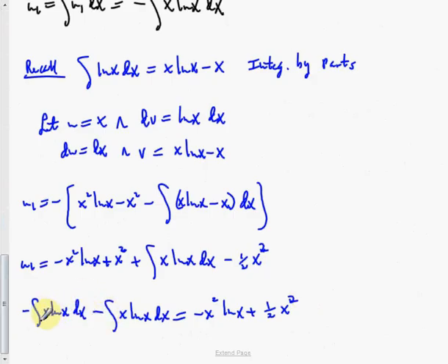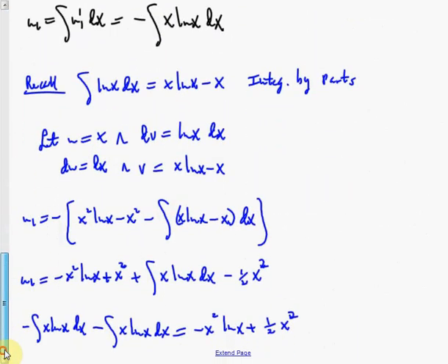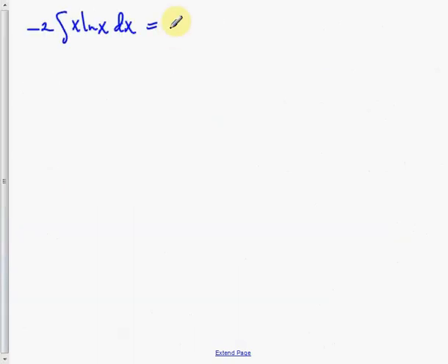So this is minus 2 times the integral of x natural log of x dx is equal to negative x squared natural log of x plus that guy right there. Good. Negative x squared natural log of x plus 1/2 x squared.